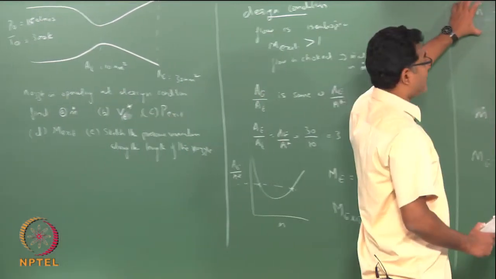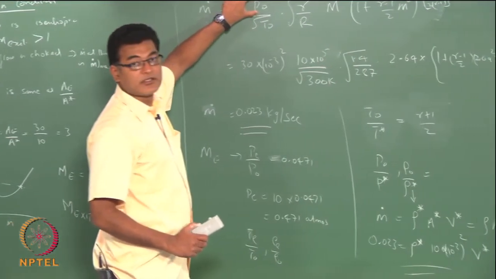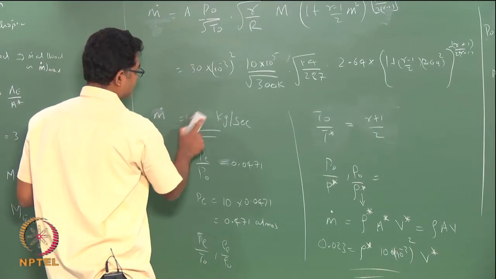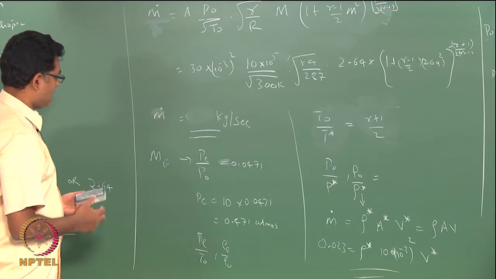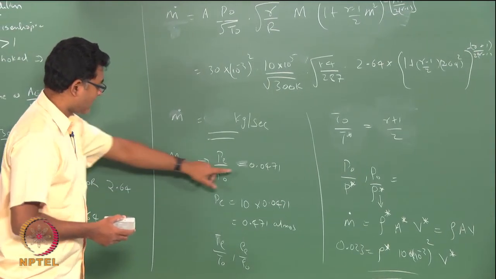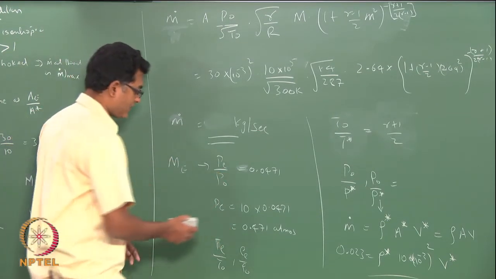Now, when it comes to the mass flow rate, that would be different because now P0 is different. So, this value would be something else, which means my P exit ratio is same, P0 is different. So, my P exit is also different.